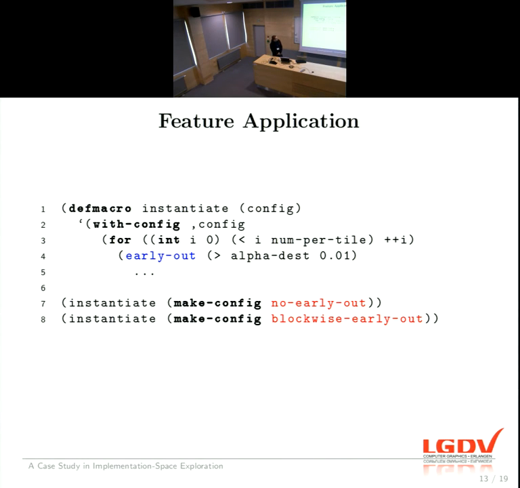In that way, we can then apply the features and instantiate different versions. The idea is that we can simply introduce one simple configuration into a global, and then the following features will expand into the corresponding code. So, what's the next step?